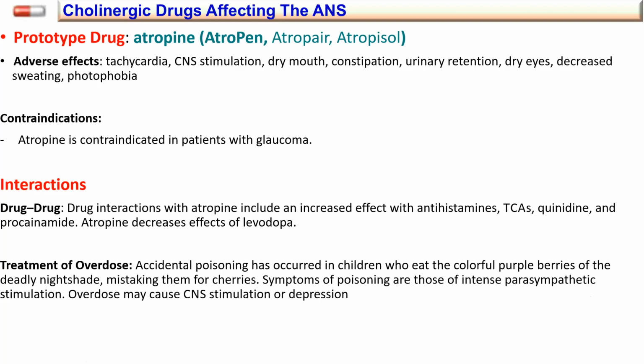Atropine, adverse effects with atropine. Before we go to the adverse effects of atropine, let's review some of the pharmacologic effects. The drug can be given PO, IM, IV, or sub-Q.